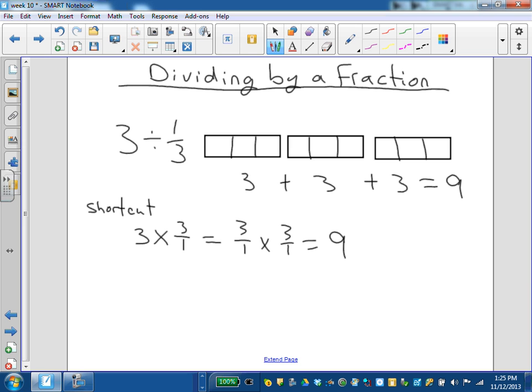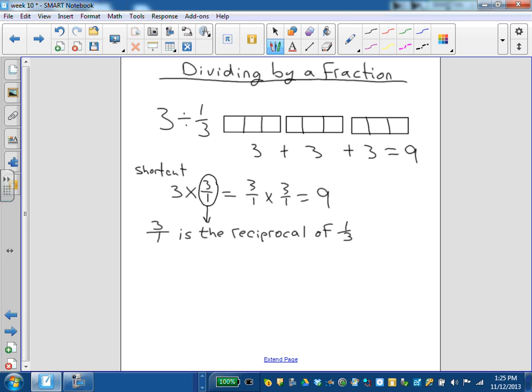And what I want you to do is circle this 3 over 1, put an arrow underneath it, and write 3 over 1 is the reciprocal of 1/3. All right?